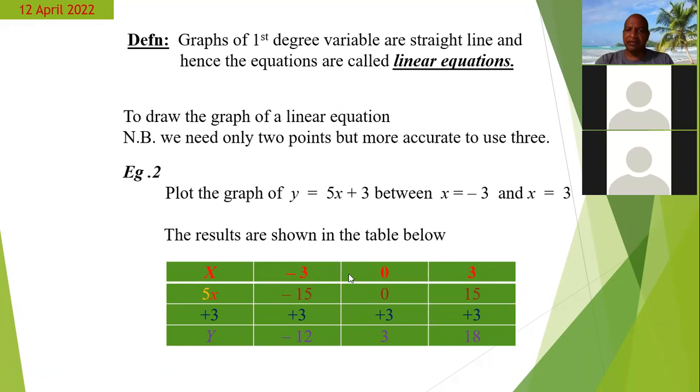We take -3, 0, and +3. Now, it means that we would have skipped out -2, -1, 1, and 2. And can anybody tell me why we can only just use 3 x values instead of all of them?